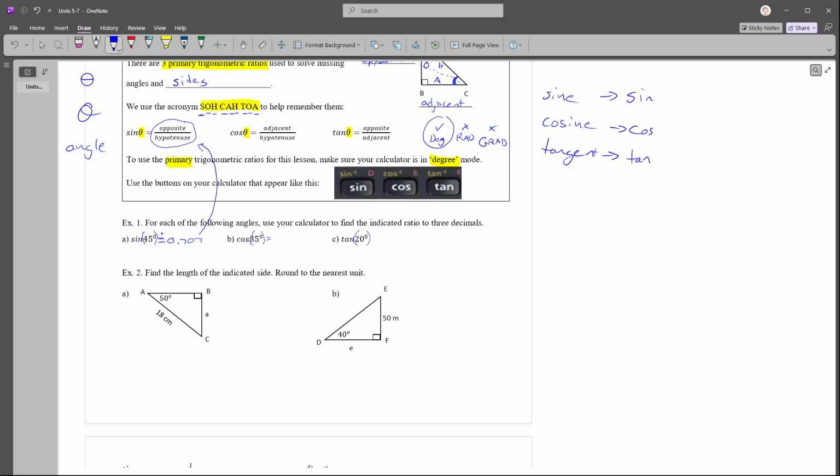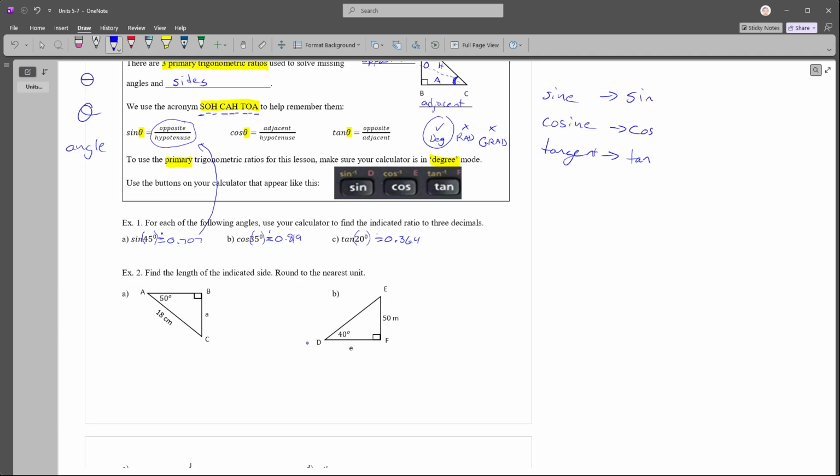So when I do cos 35, I get a value of, hopefully your video is paused right now, drum roll, approximately 0.819. When we do tangent of 20 degrees, we get a value of approximately 0.364. And again, all that is the result of this calculation up here. That's really what we're calculating, okay?